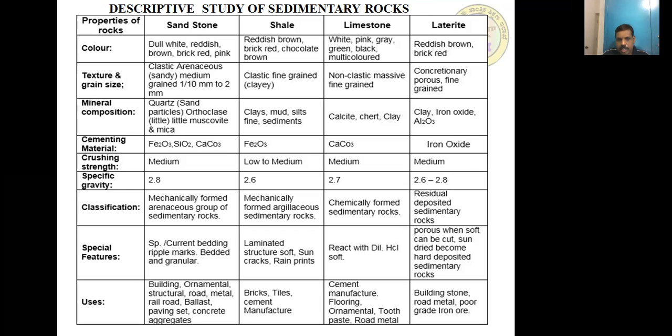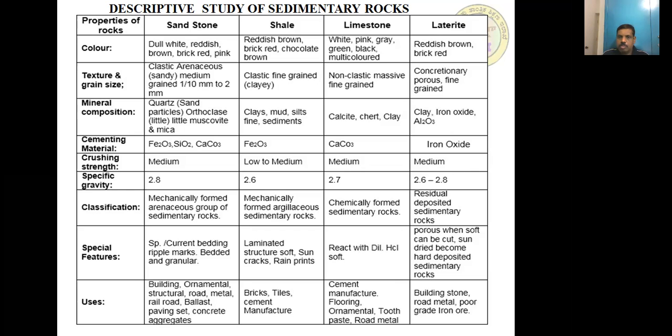Next, special features: it shows laminated structure, soft sun cracks, rain prints, etc. Next one is uses. It is normally used for bricks, tiles, and also in the manufacture of cement.